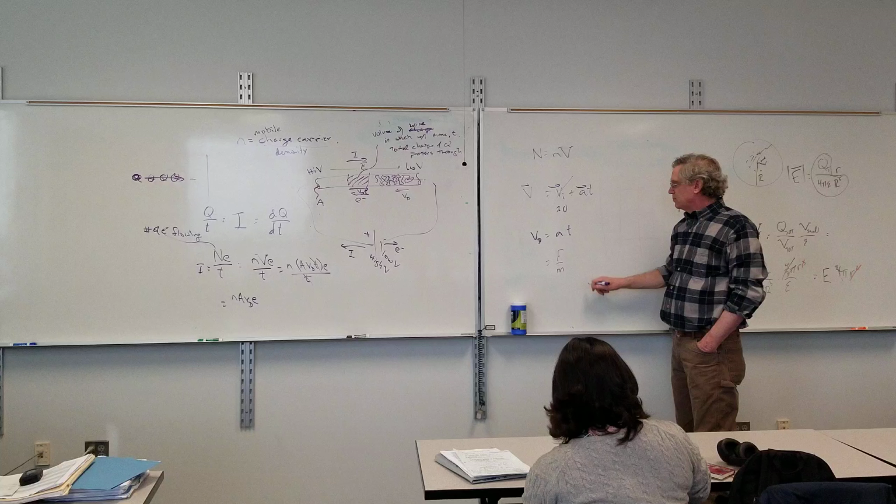So we need to figure out what drift speed is. Or at least the average drift speed. I know that the charges are going to hit something and then bounce. It's just as likely to hit something here and bounce that way as it hits something and comes back, hits something here, and then bounces that way.